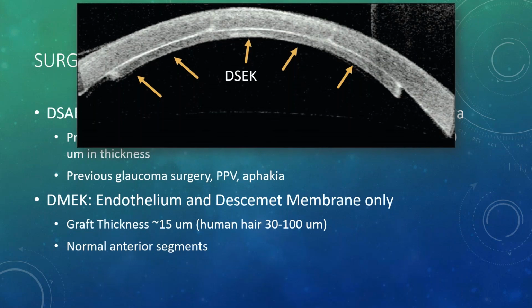This is a great anterior segment OCT. You can see the DSEK lenticule attached to the posterior stroma, and you can see the host posterior stroma that gets this sort of hyperechoic line, and then the DSEK lenticule. You can see it's been cut here, and it adheres to the posterior stroma. That works really well there.